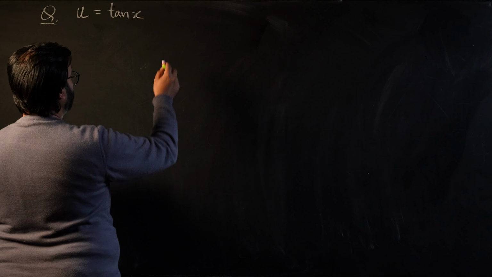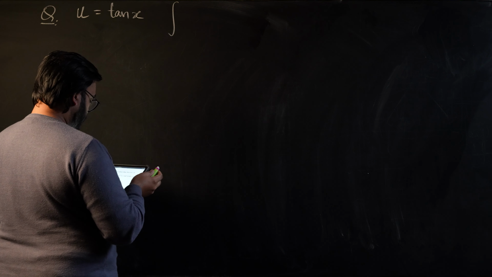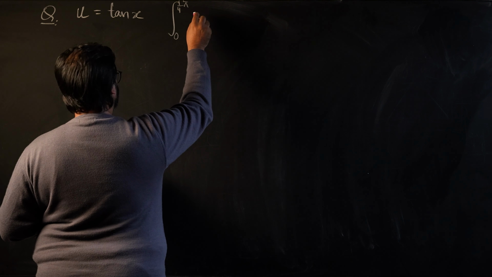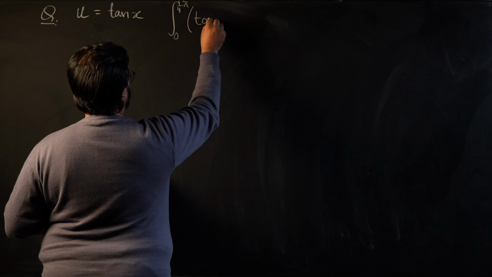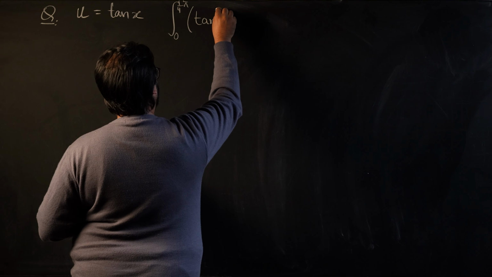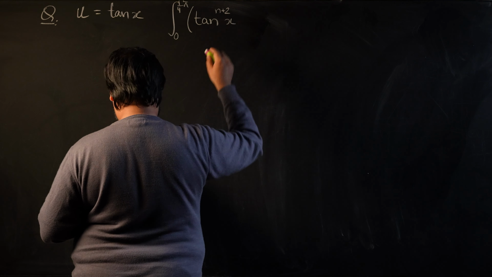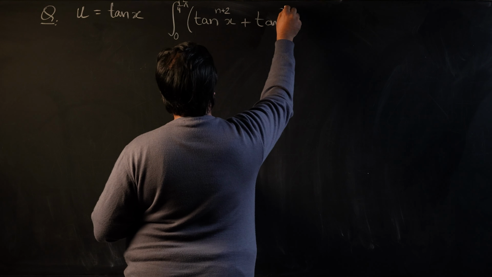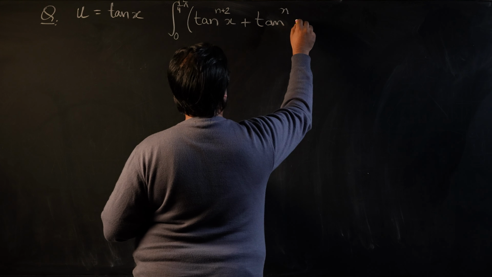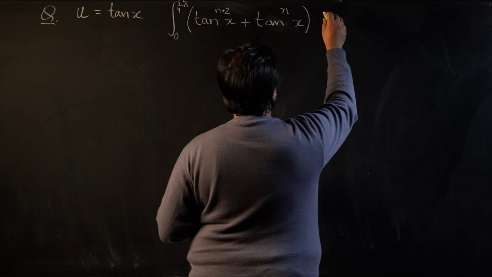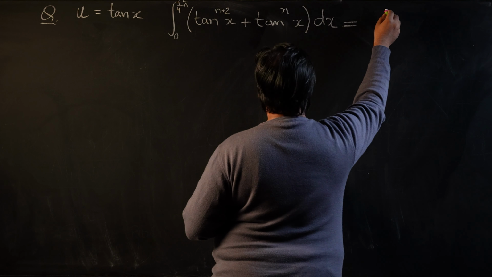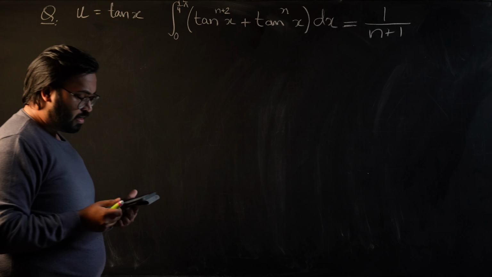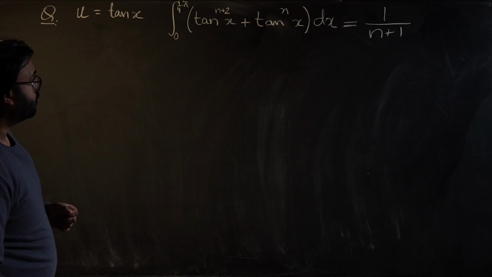And we are going to try to integrate from limits of 0 to 1/4 pi of tan of n plus 2 x plus tan of n x dx, and we have to show that it will go to 1 over n plus 1. So this is the integral that we have to show.